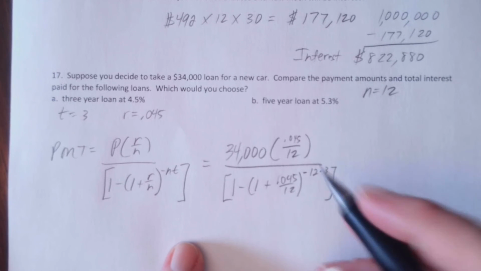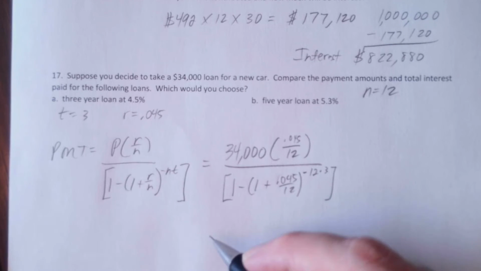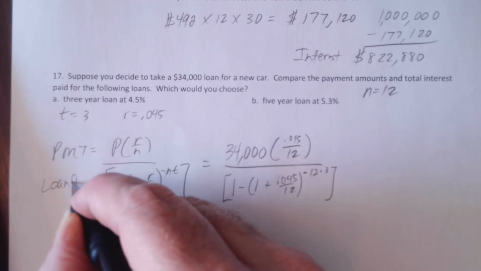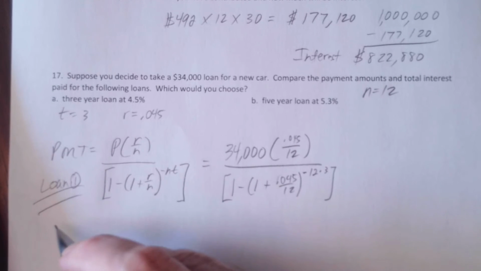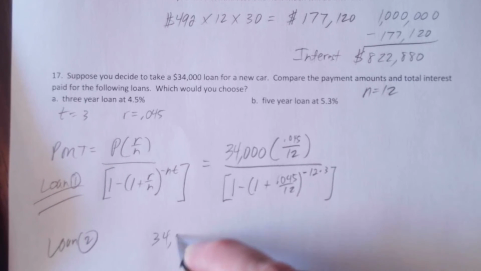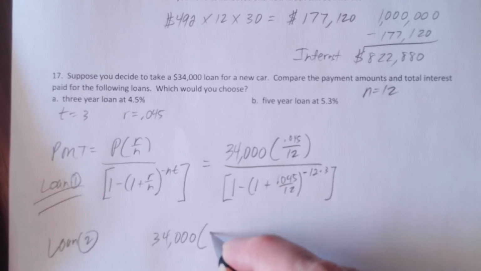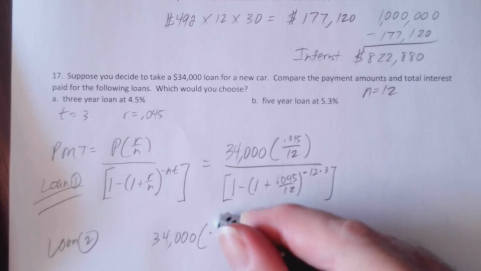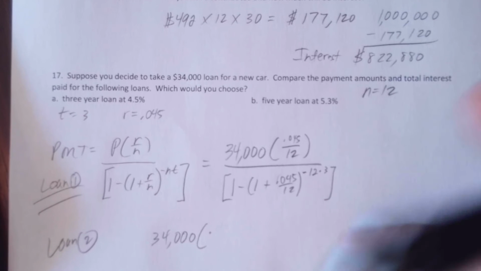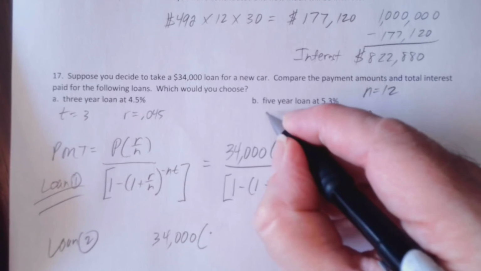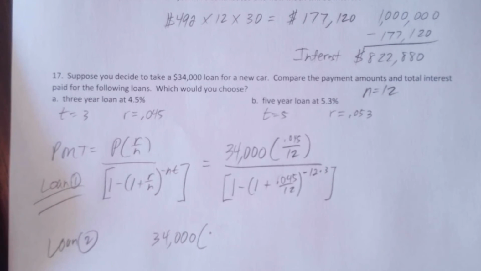Now our other one is going to be exactly the same. So this is loan 1, and loan 2. So here you would have 34,000 times 0.045. No, actually that one's 0.053. Notice here R equals 0.053, and our time is 5. I'm just going to set up the 2.